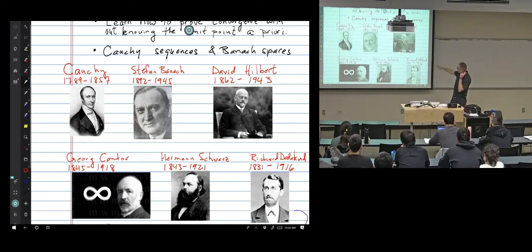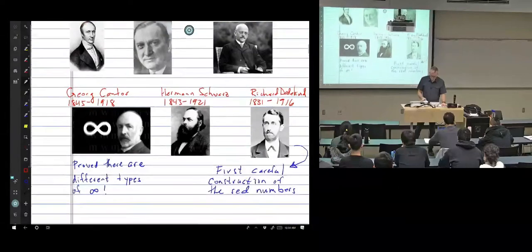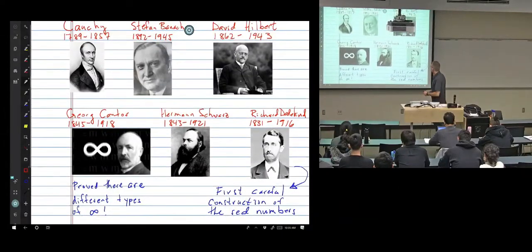He's considered one of the, I think, greatest ever mathematicians to have lived. We saw the Cauchy-Schwarz inequality. There's Hermann Schwarz. We've still not done the real numbers, and we probably won't, but if you ever want to read about how the real numbers are actually constructed, Dedekind did that first.